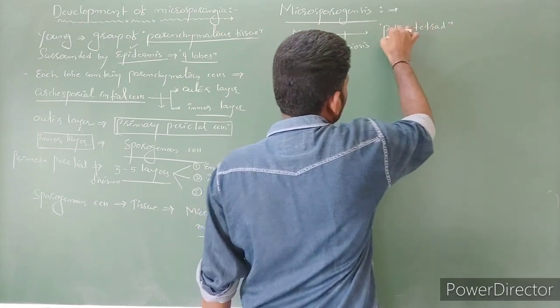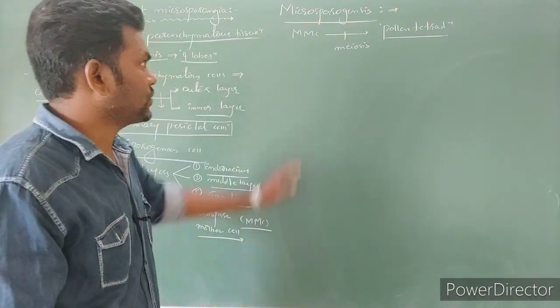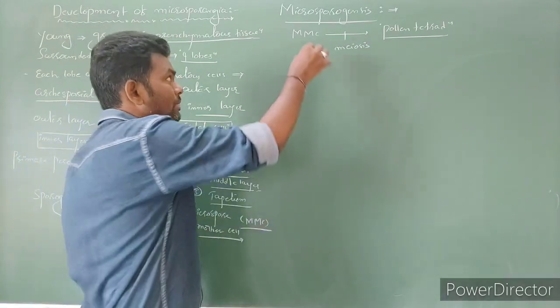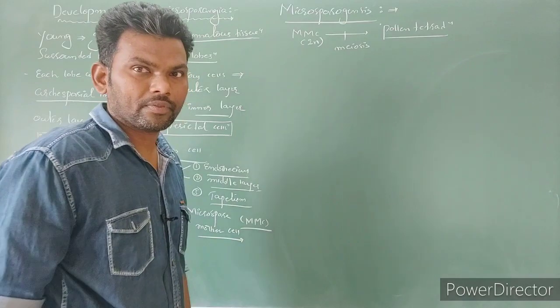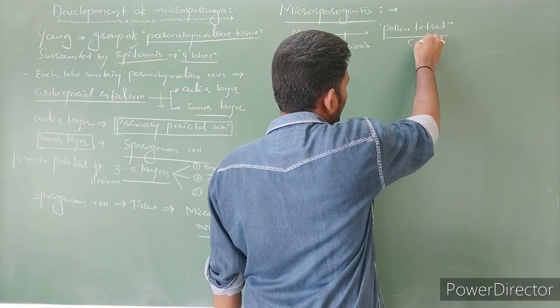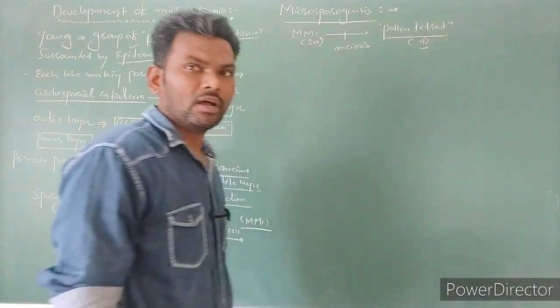In NCERT they ask: what is the ploidy of the pollen tetrad cells, and what is the ploidy of the microspore mother cells? The microspore mother cell is always diploid. After meiotic division, the cells formed are always haploid.